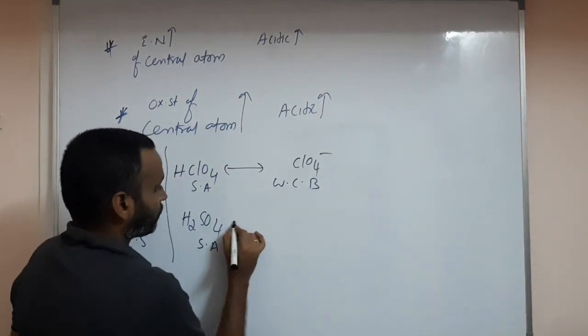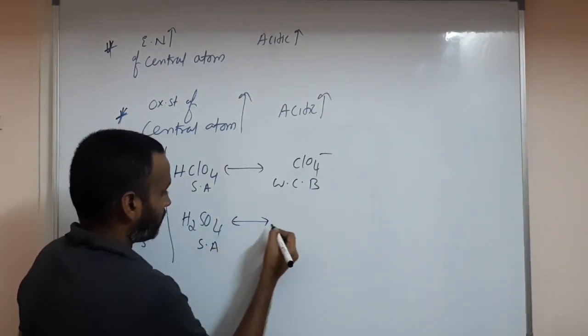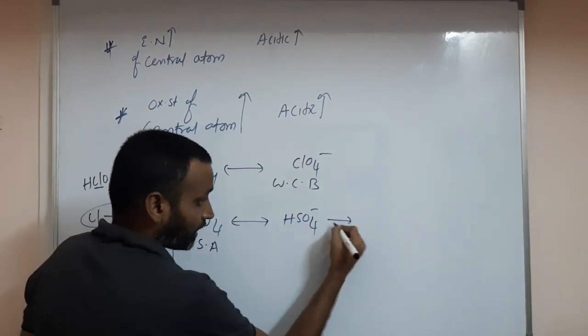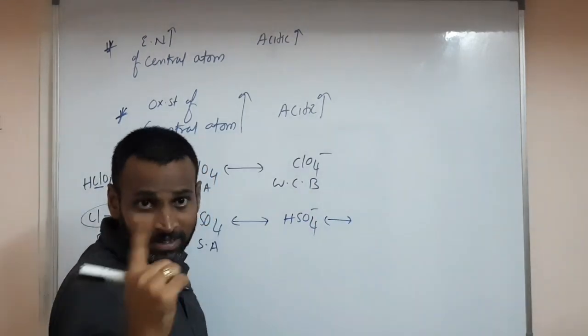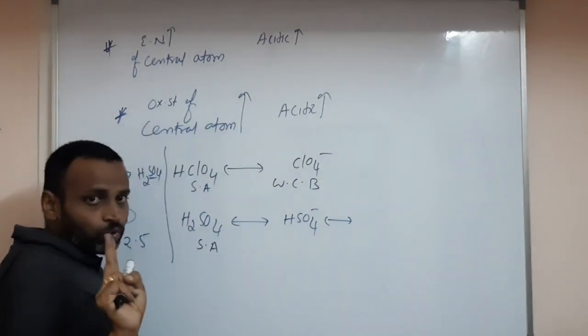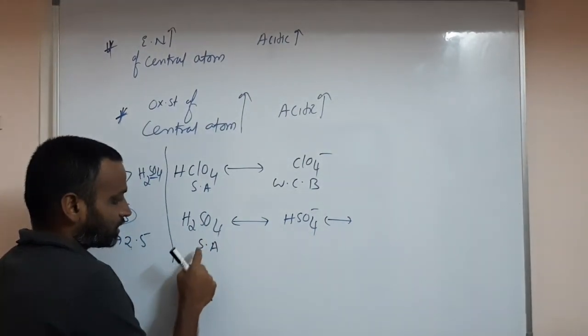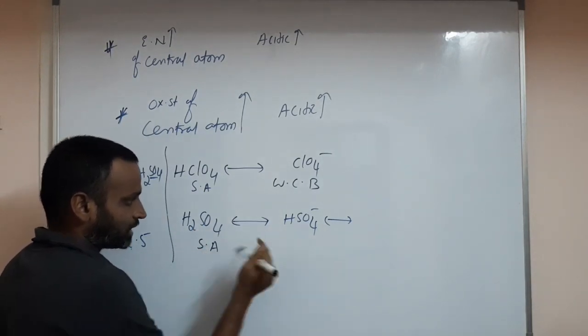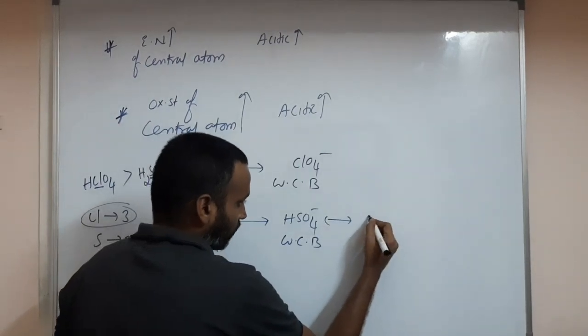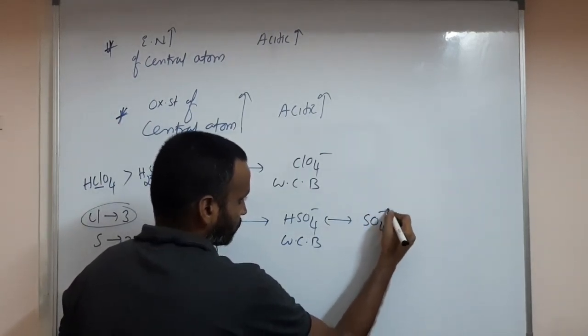Now what is the conjugate base of H2SO4? HSO4 minus. HSO4 minus can itself have a conjugate base, because I told you the basicity of H2SO4 is 2. So H2SO4, a strong acid, can donate 2 H plus ions. This is a weak conjugate base, and this can have one more, SO4 minus 2.